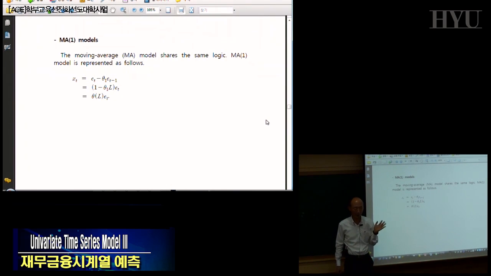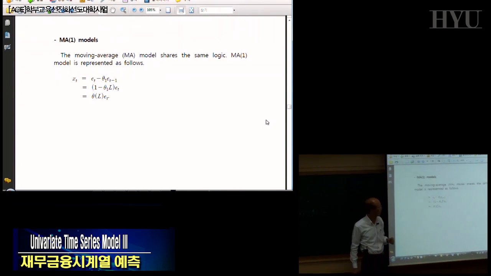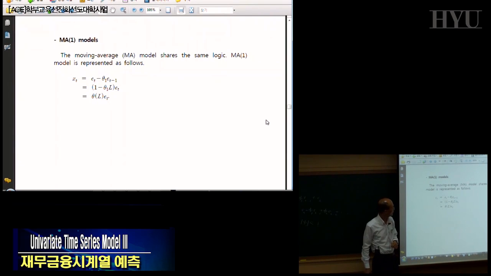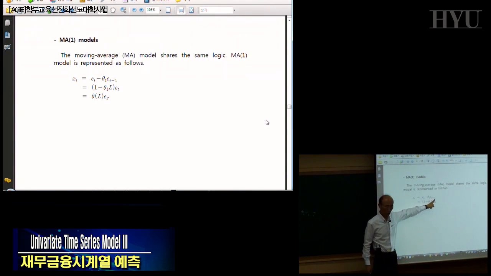So variance is constant. Covariance, how to calculate covariance at lag 1? Well, you take a lag on both sides. So x t minus 1, e t minus 1, t minus 2. Okay?